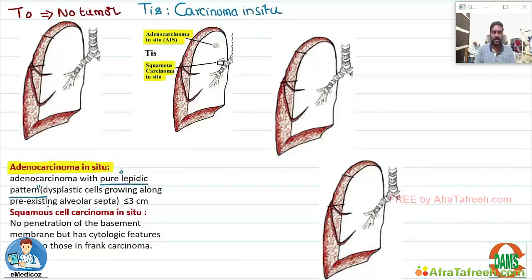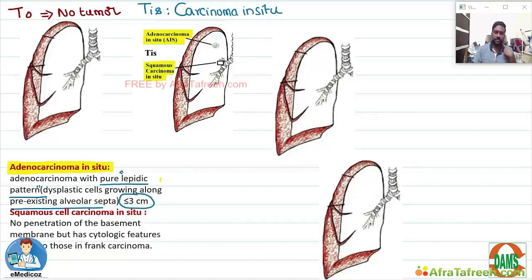It means there will be some abnormal dysplastic cells growing across the pre-existing alveolar septa. It is not going to invade that area completely. It is going to only proliferate along the alveolar septa, and the size of the tumor is generally less than or equal to 3 centimeters.